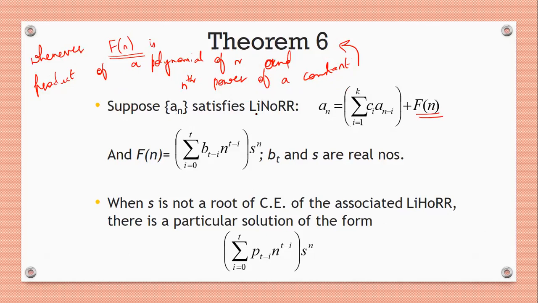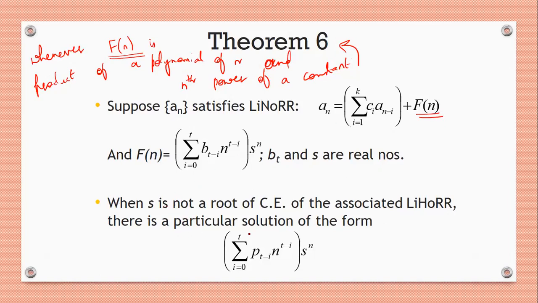Suppose an satisfies the linear non-homogeneous recurrence relation an is equal to the sum from i equal to 1 to k of ci an minus i plus f of n, and f of n is the sum from i equal to 0 to t of b t minus i n power t minus i into s power n, where both b, t and s are real numbers. Now in this case, this is the equation. If we get this kind of equation, what should be the solution?